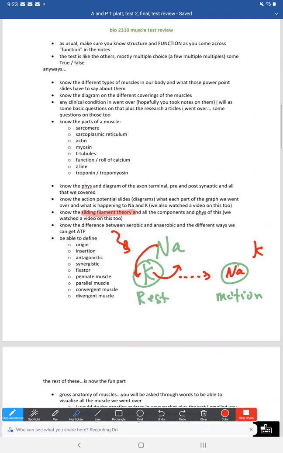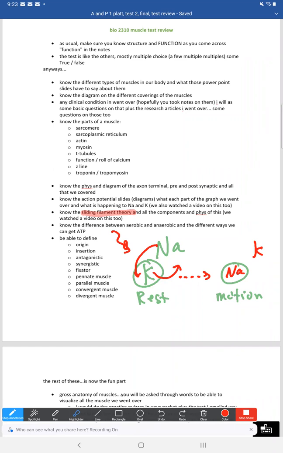So that goes back to your sarcomere. I have a video of that posted as well that shows you how the actin and myosin bind and how the myosin heads pull to get the muscle to shorten.